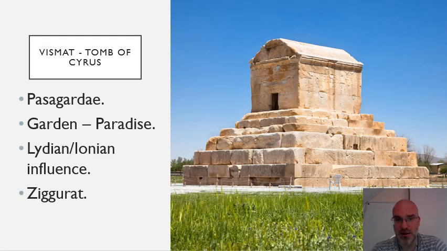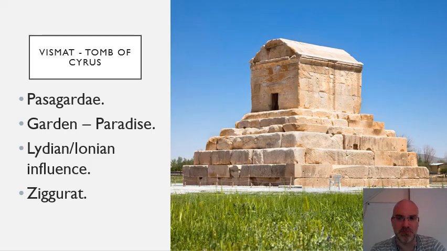Now, whatever happens to Cyrus, he dies, as do we all, and he is placed in the final piece of visual material for today, and that is the tomb of Cyrus. Now, the tomb of Cyrus was built at a place called Pasargadae, the early Persian capital, although talking about Persian capital cities is a very complex business, given that there are nomadic people, it's a strange empire, they've got tons and tons of Persian capitals like Susa, like Pasargadae, like Persepolis.